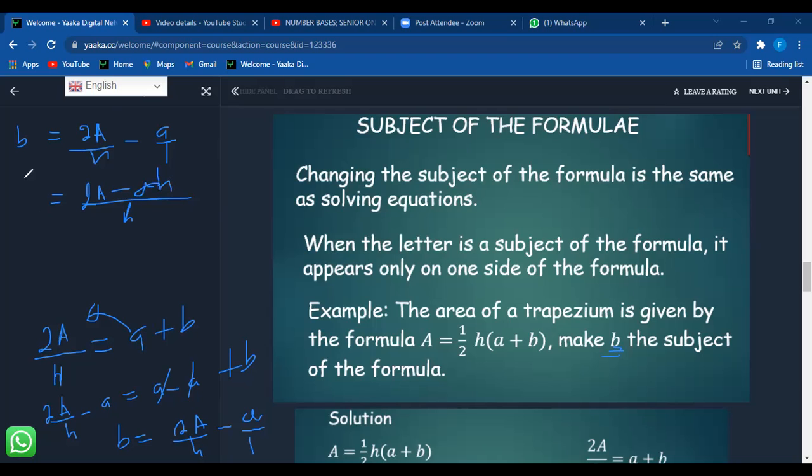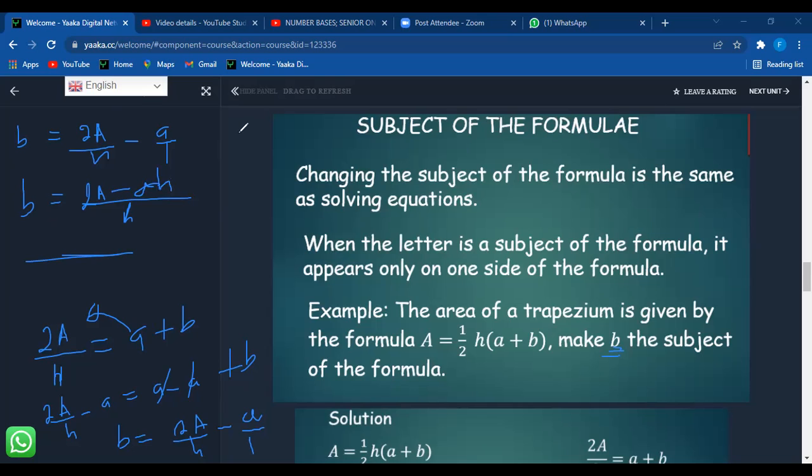Okay? So we shall end up finally with B equaling 2A minus ah divided by h. So we shall have made B the subject of the formula.